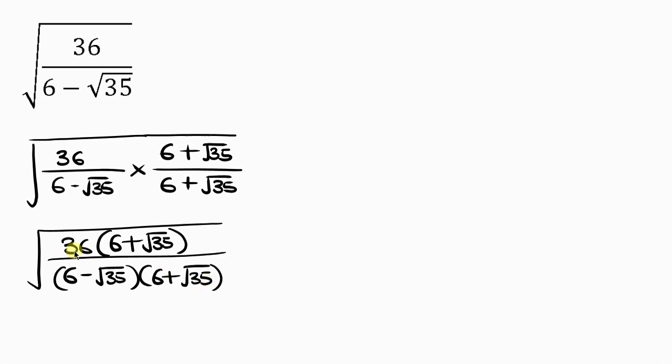Now let's multiply. So we have the square root of 36 times 6 is 216 plus 36 times the square root of 35 is 36 root 35, all over.